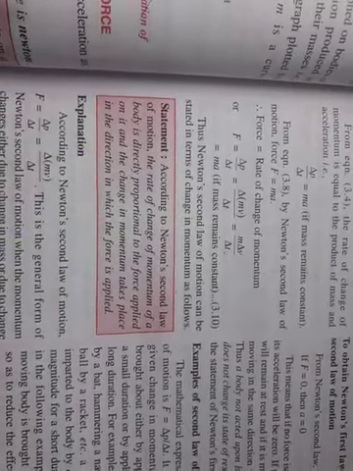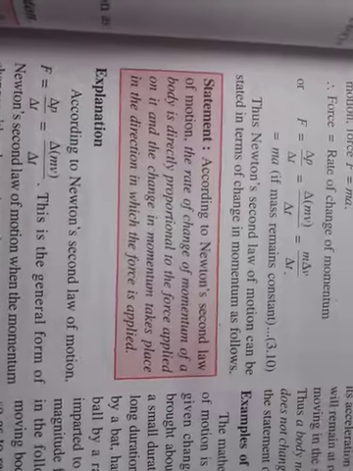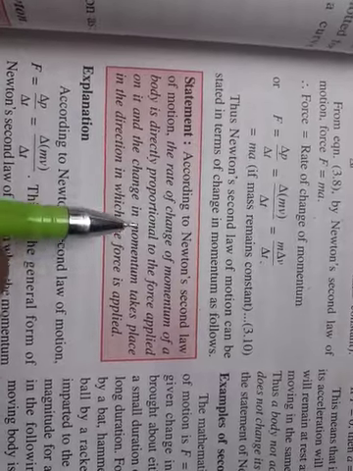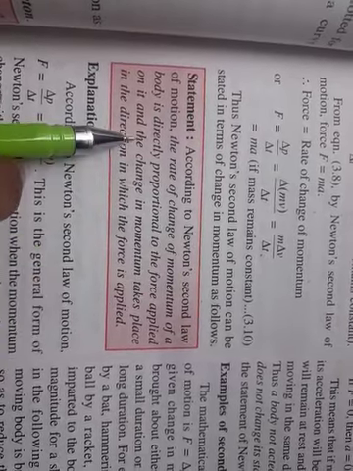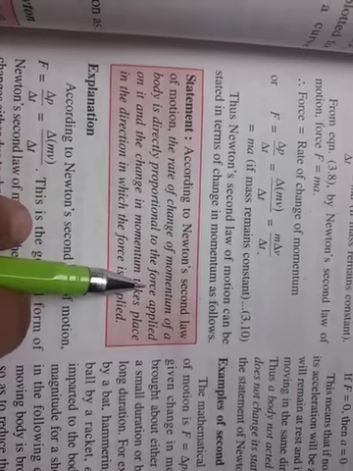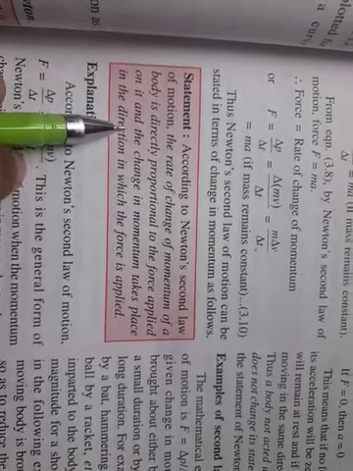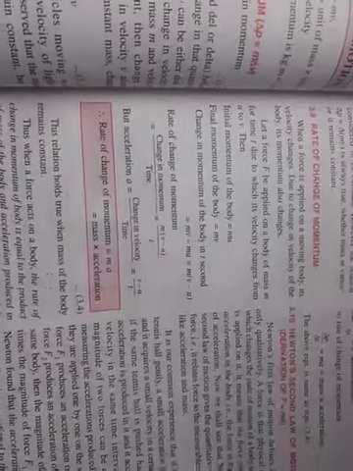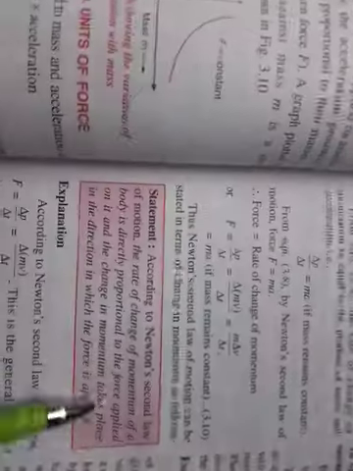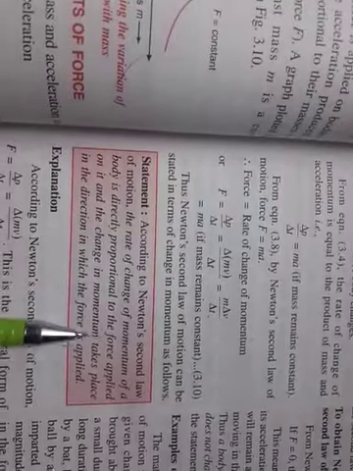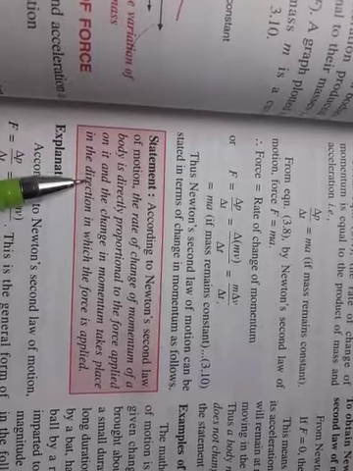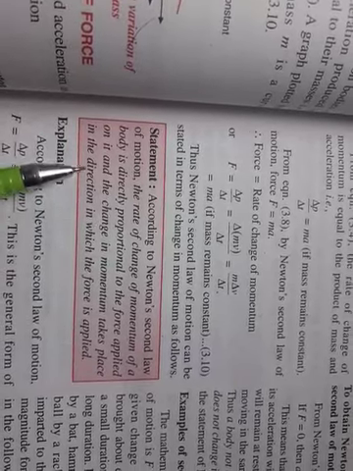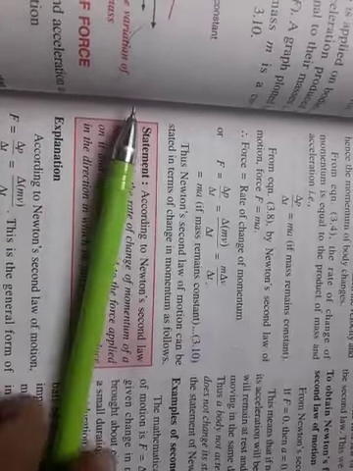So what is the second law of motion? According to Newton's second law of motion, the rate of change of momentum of a body is directly proportional to the force applied on it, and the change in momentum takes place in the direction in which the force is applied.